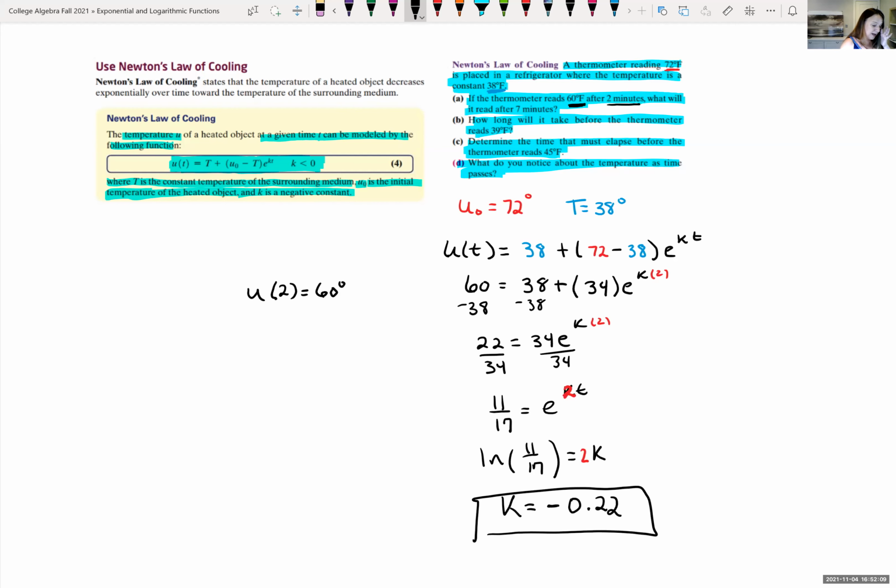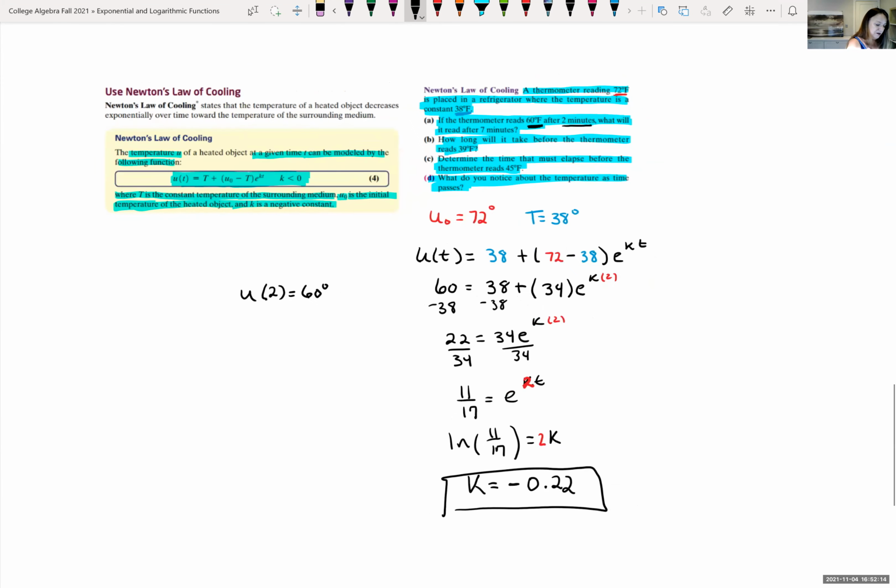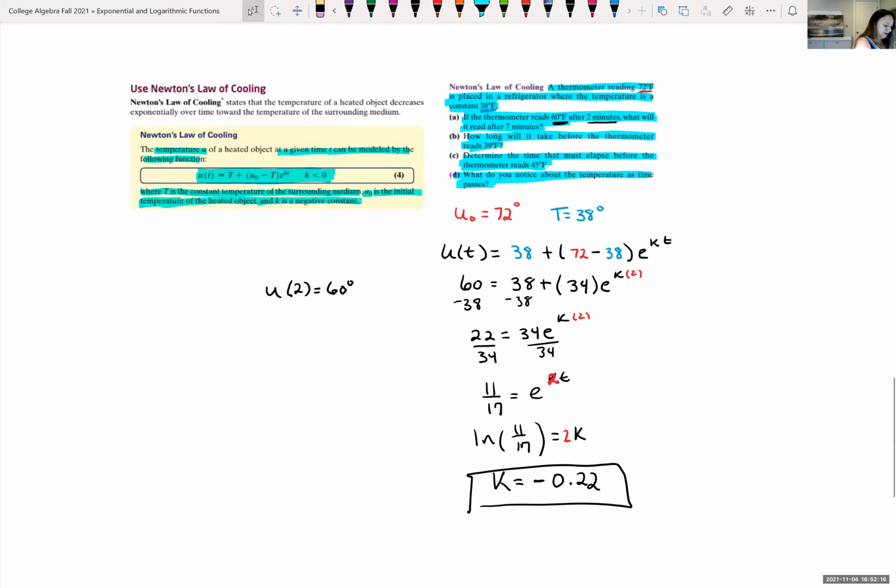Because we're out of time, I'm going to stop there, but you basically now have your formula that we could answer any of those questions with, and we can make our formula a little neater. So we have our u sub t is equal to 38 plus 34 e raised to the negative 0.22 t.